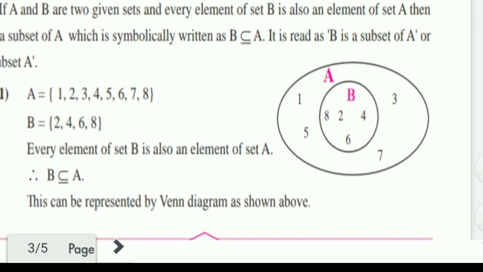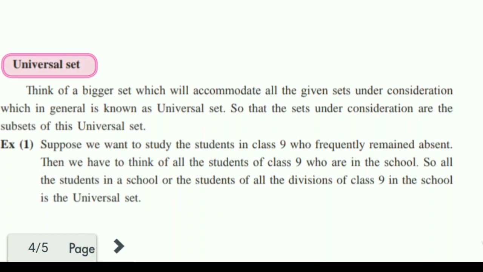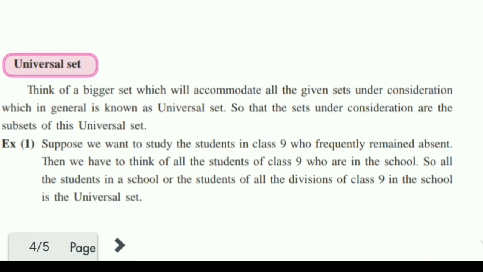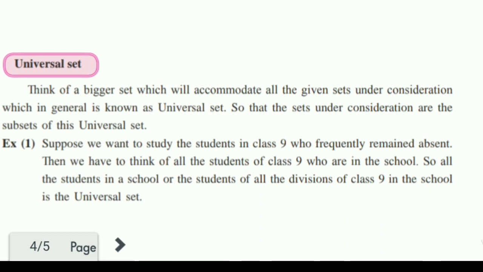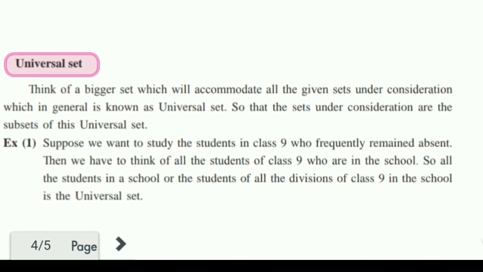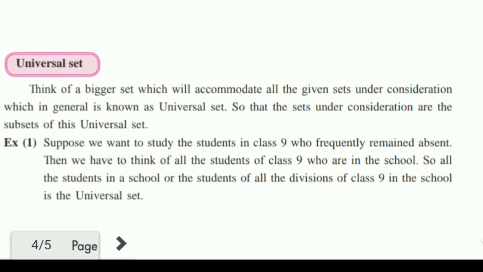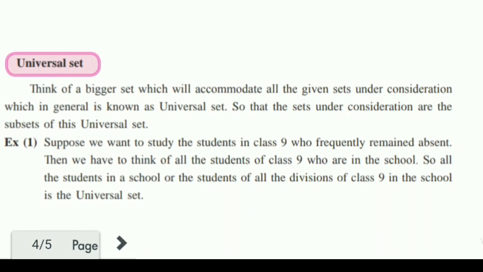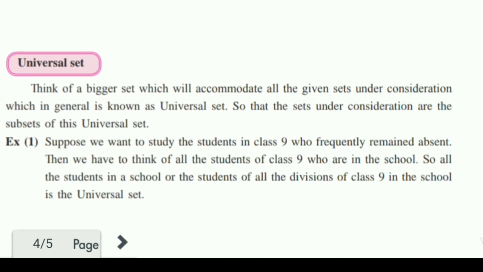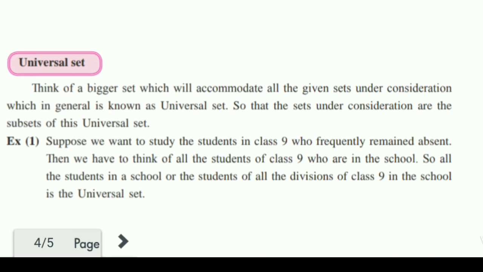So next is universal set. Think of a bigger set which will accommodate all the given sets under consideration, which is generally known as the universal set, so that the sets under consideration are subsets of the universal set. See the example. Suppose we want to study the students in class 9 who frequently remain absent.